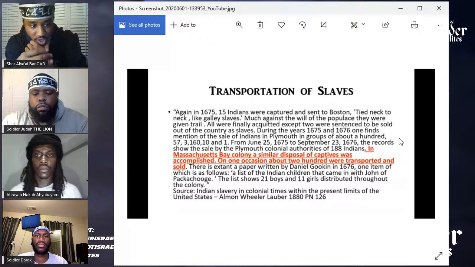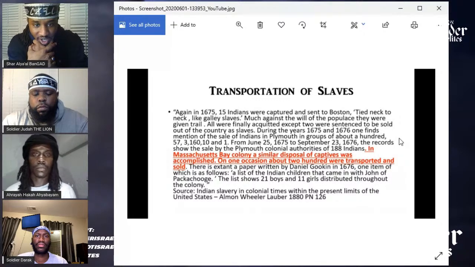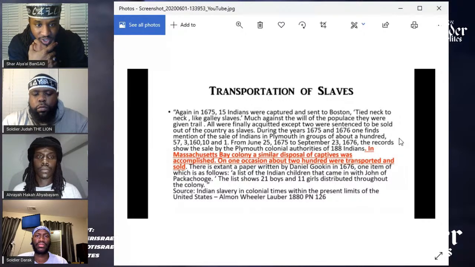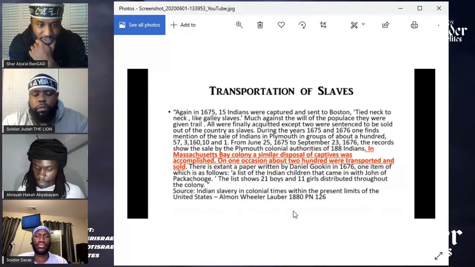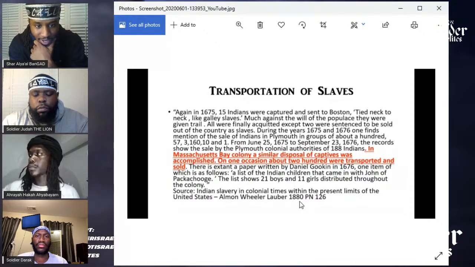So on two occasions, in the same year, in the same month, they had 188 Indians and 200 Indians transported, right? You understand me? This is also Indian Slavery in Colonial Times within the present limits of the United States by Almon Wheeler Lauber, 1880, page 126.